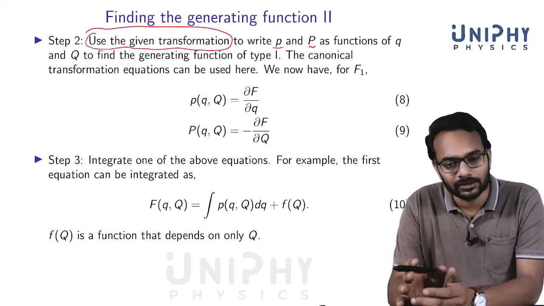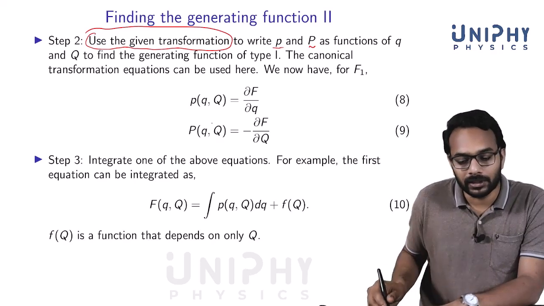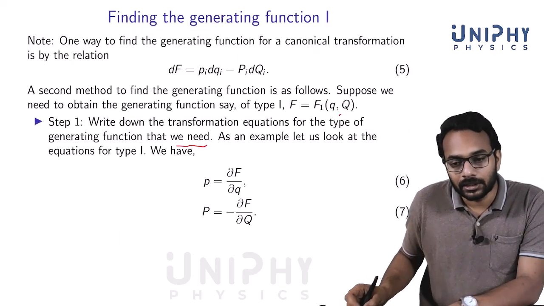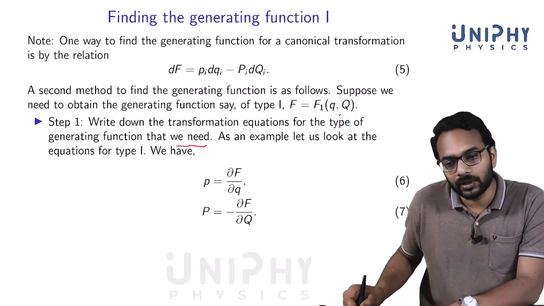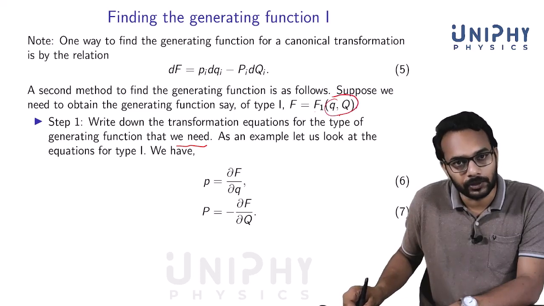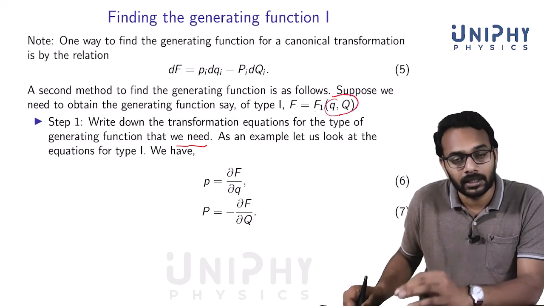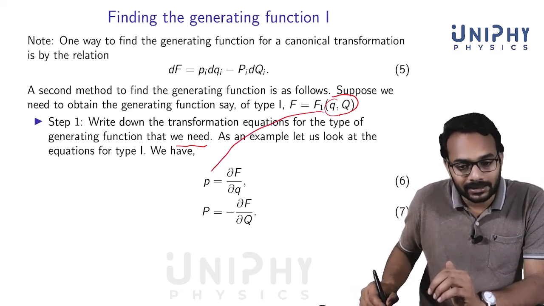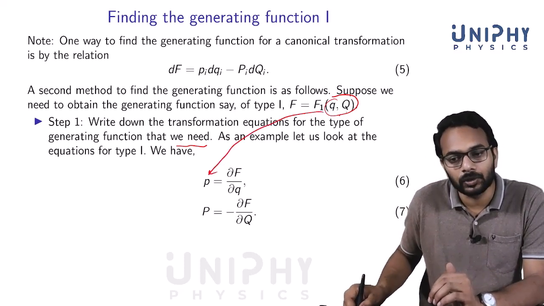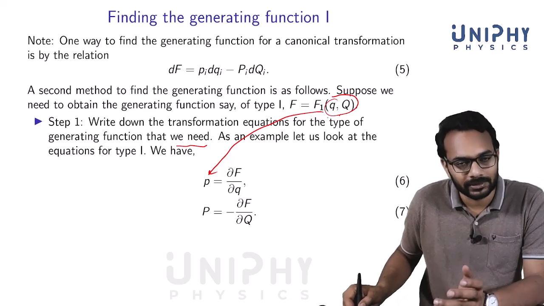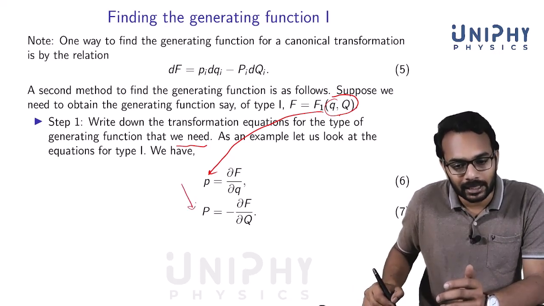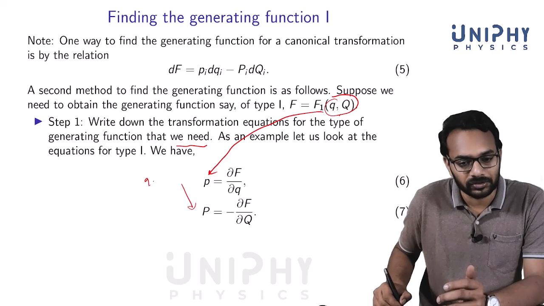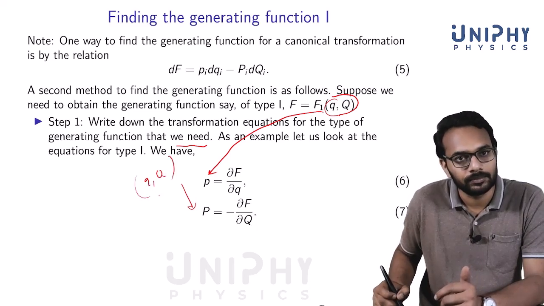Suppose you need to find F1 as a function of small q comma capital Q. You will use the transformation given in the question and write small p as a function of small q and capital Q. And then you will write capital P as a function of small q and capital Q again.